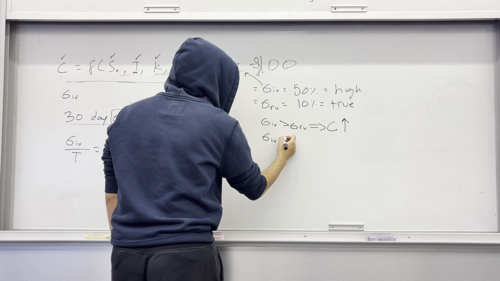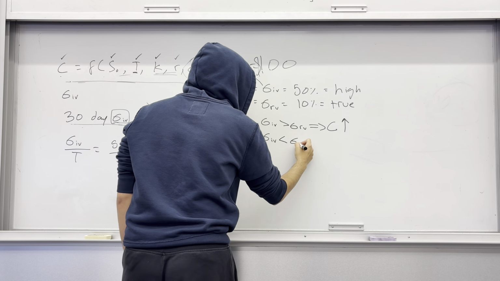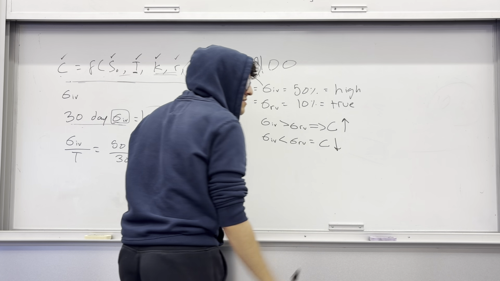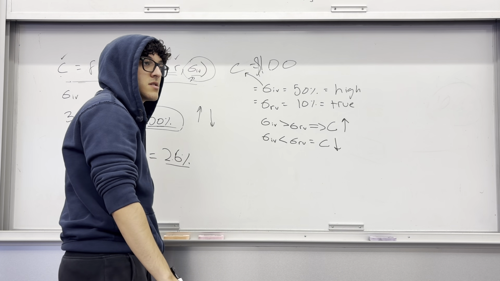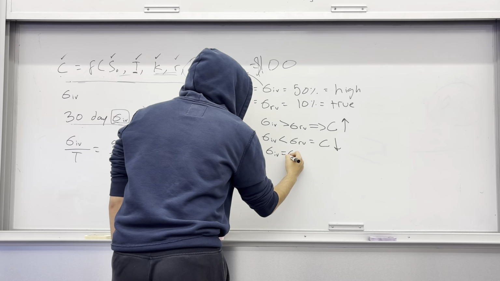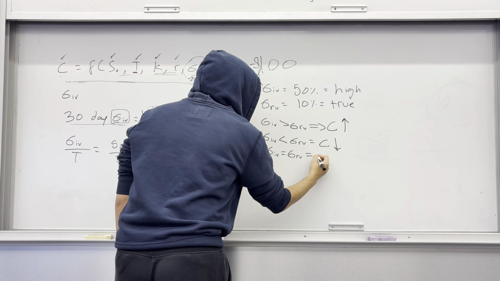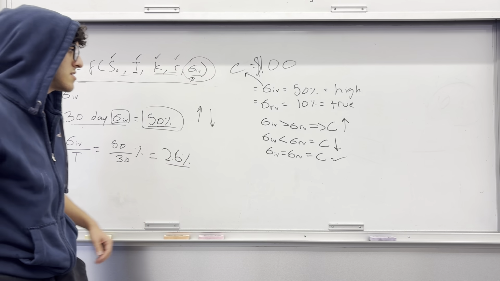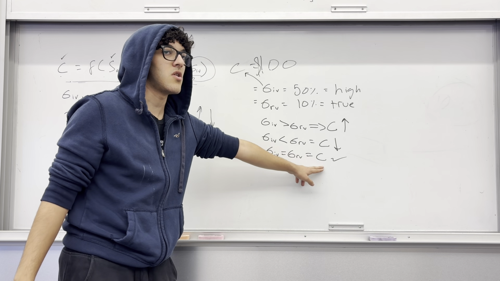If the implied volatility is less than the realized volatility, that means the call is cheap. It's undervalued. And if they're equal, then it's the true value of the call.